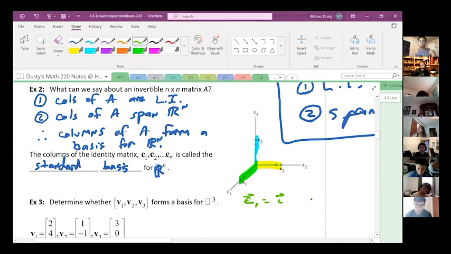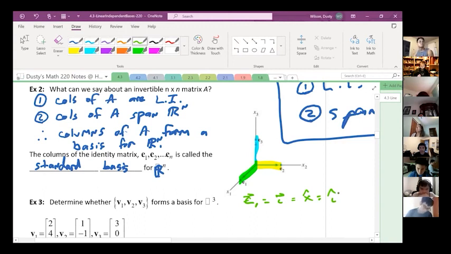What other names did you use for it? Yeah, X hat, something like that, or I hat, stuff like that. So a number of different names for the same thing.